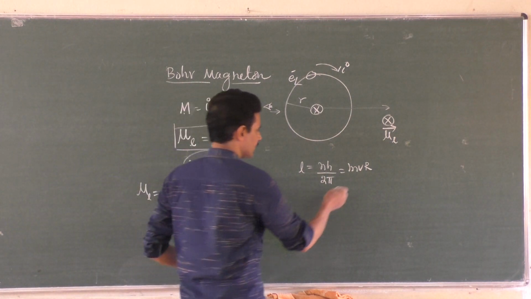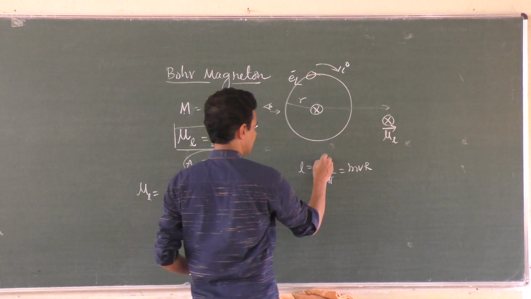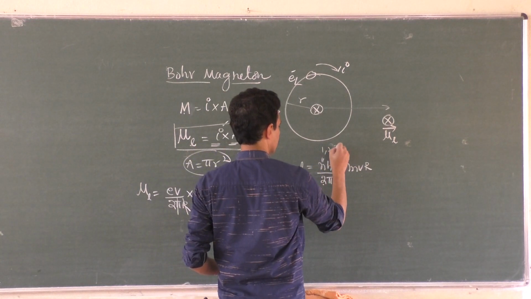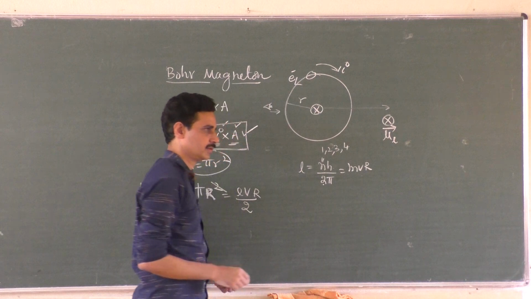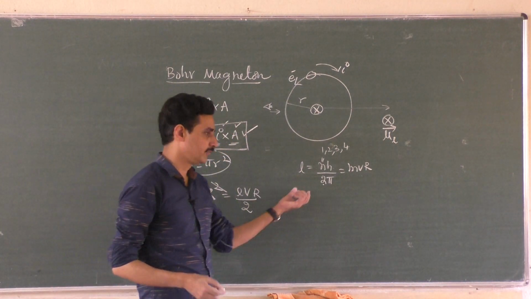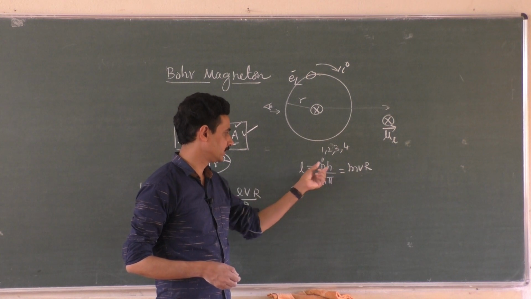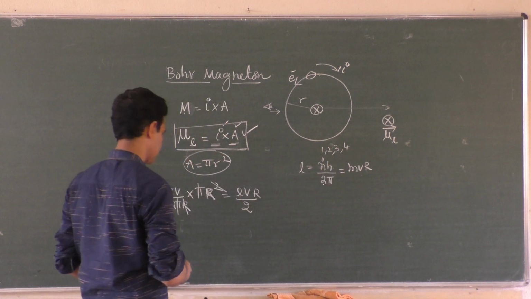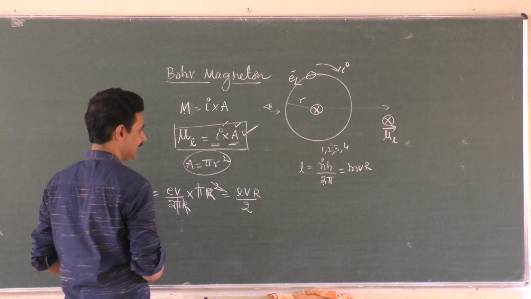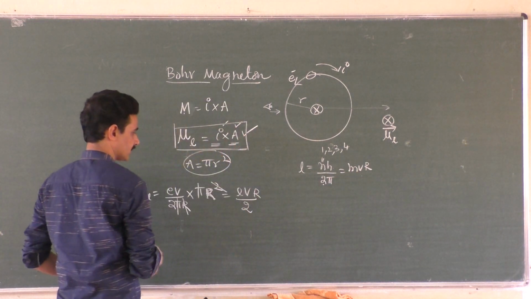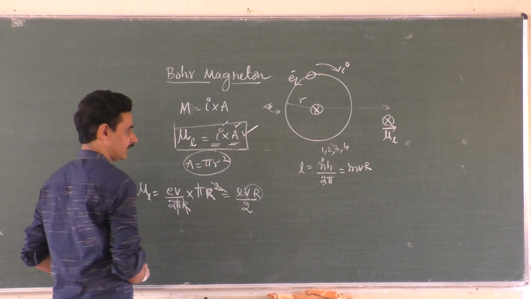And if mvr is not equal to nh by 2 pi, n can have only integral values 1, 2, 3, 4, there are no fractions possible. So if you can recall that atomic theory, mvr must be equal to nh by 2 pi. And if you want to get that part here, I have Vr, correct? I don't have m.